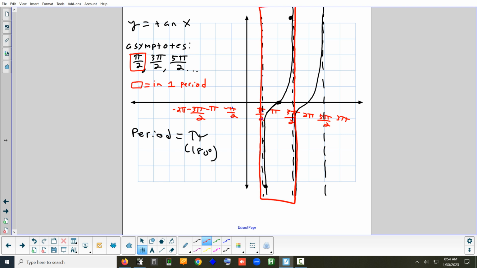Now, what we have to do is decide how many asymptotes there are per period, per red box. Here's the next period. Right there. So I've labeled the first period on there, and then the second period. Each period has to have the same number of asymptotes. Otherwise, it's not periodic. It all has to be the same all the way down.